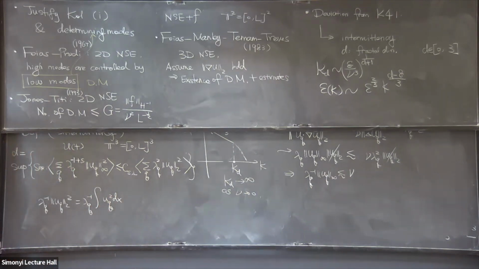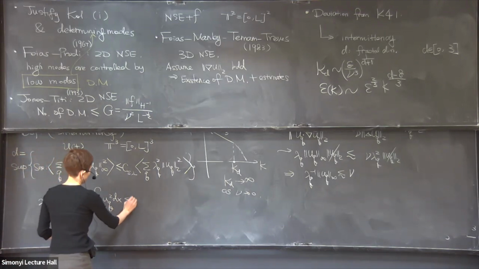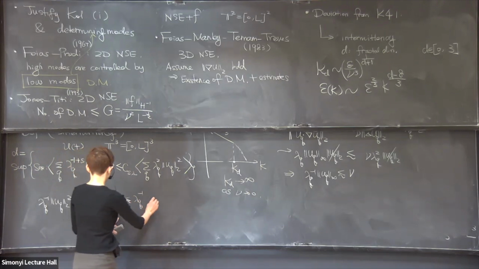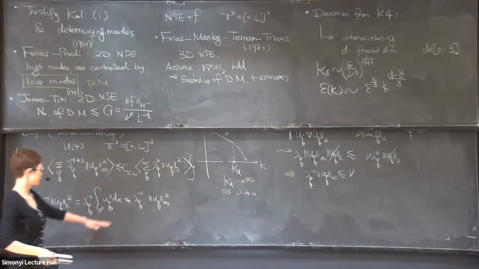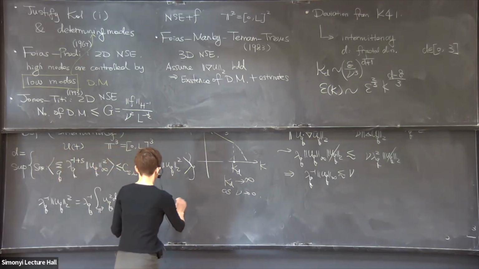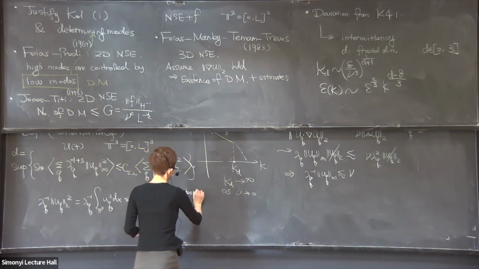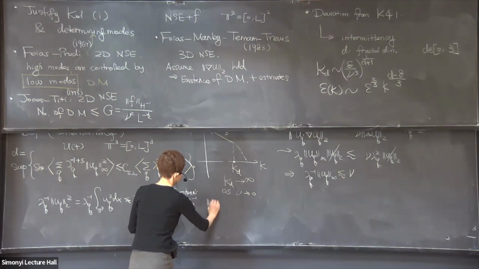We have lambda_q and u_q in L-infinity. Here it is Hölder, and this one is Bernstein's, in 3D.